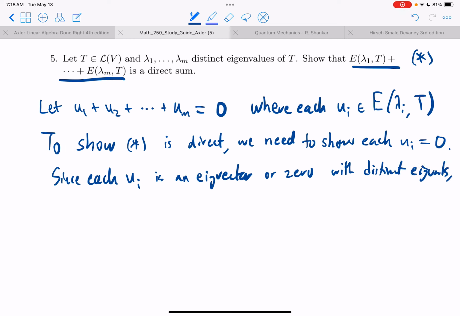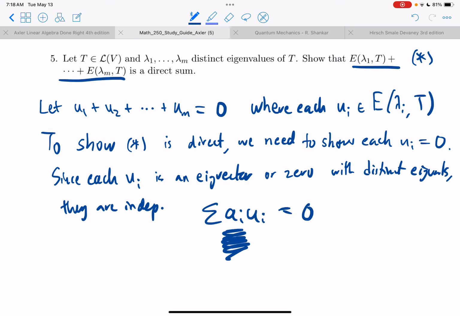Then we showed that they're independent. But that means that if we have any linear combination of them equaling zero, all the coefficients have to be zero. Well, hold on a second. This is a linear combination where all the coefficients are 1. So the coefficients are 1, they can't be 0.